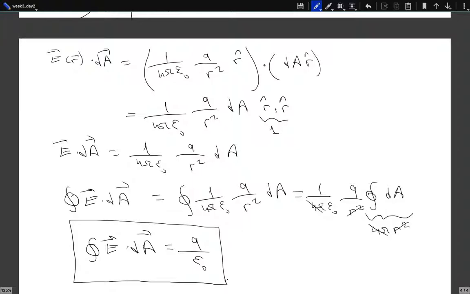If you imagine a larger sphere, on its surface the electric field will be smaller, but the area will be larger, and those two effects just compensate for each other. So the value of the integral doesn't change as you change the size of your sphere. In fact, we had already said before that this integral, whatever shape you use, has a value independent of the surface you choose, as long as you are not changing the number of charges inside.